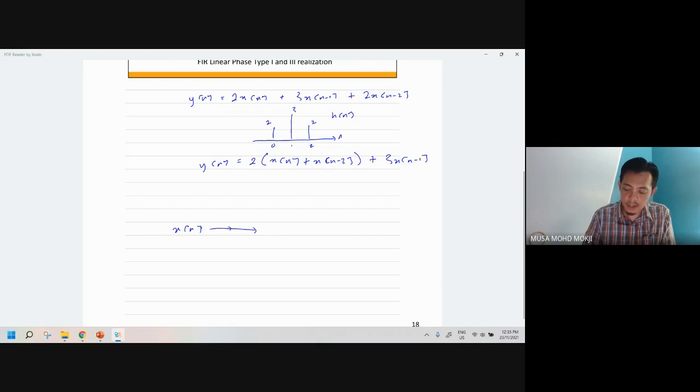You need to multiply by 2 later, because we want to do x[n] plus x[n minus 2] first. So we do the summation first and then multiply. Actually, what we can do is something like this, and we need to bring this so that it goes to here 2 times. This is 1 time, so we need another one.